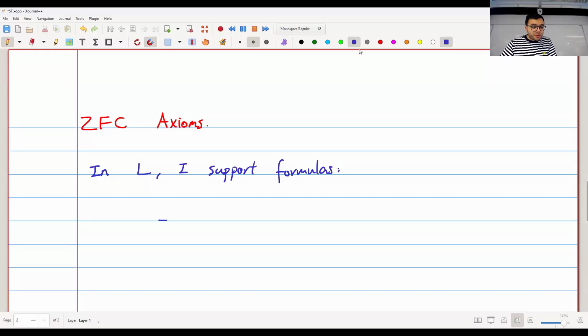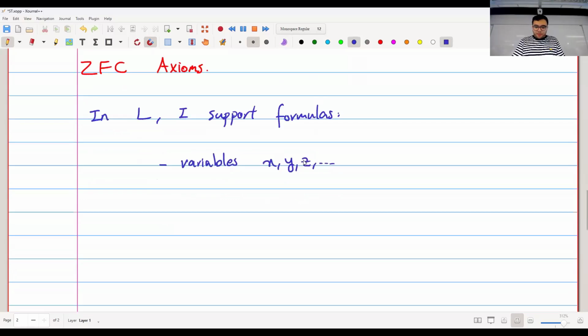So let me do it this way. So first of all, I can have variables, and my variables are always going to be over sets. So I have variables. Let's show them by X, Y, Z, and so on. And suppose that I have as many variables as I want. Okay. And then these are all going to be over sets.